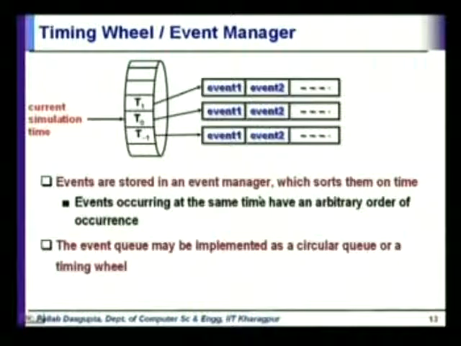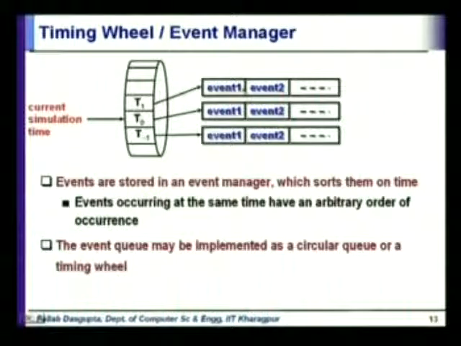So the very high level view of the data structure which the event manager must have is called a timing wheel, right? So what is this timing wheel? It stores, corresponding to each time unit, a set of events that are going to take place in that time. Okay.